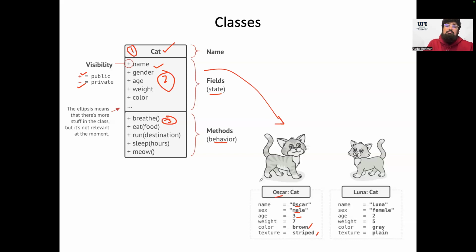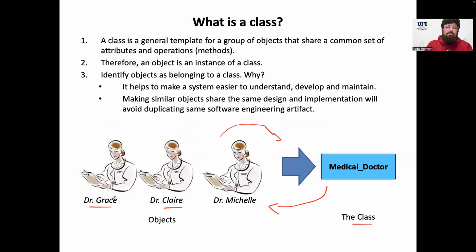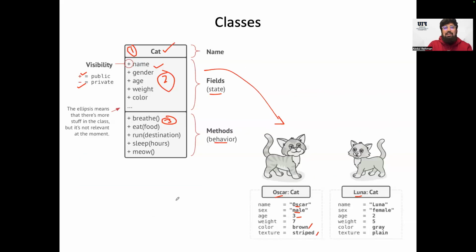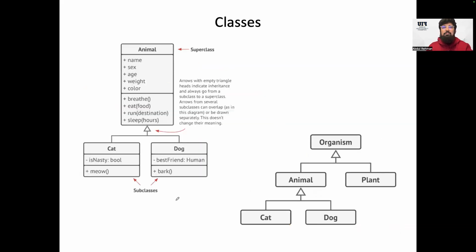And what does the cat do? Maybe the behavior is sleeping, eating. All these behaviors remain common between Luna and Oscar. It's the same thing that we just saw with Dr. Grace and Claire. The behavior may be the same, the properties may be different. This is how we replicate the design of the object into object-oriented programming languages.